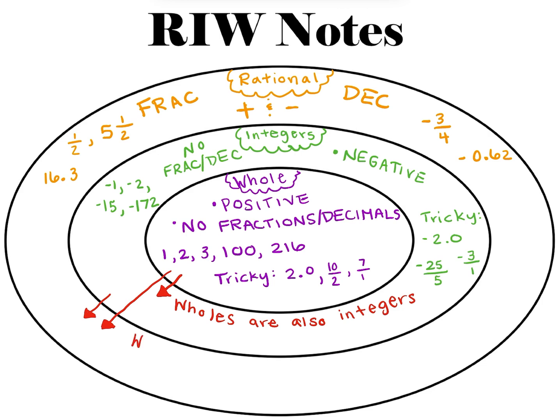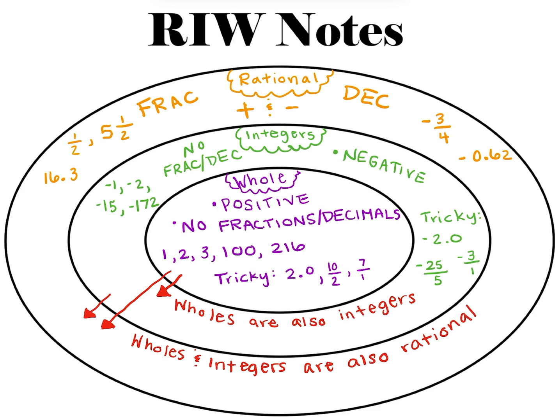So you could say wholes and integers are also rational. So if it's a whole number, it is also an integer and a rational.